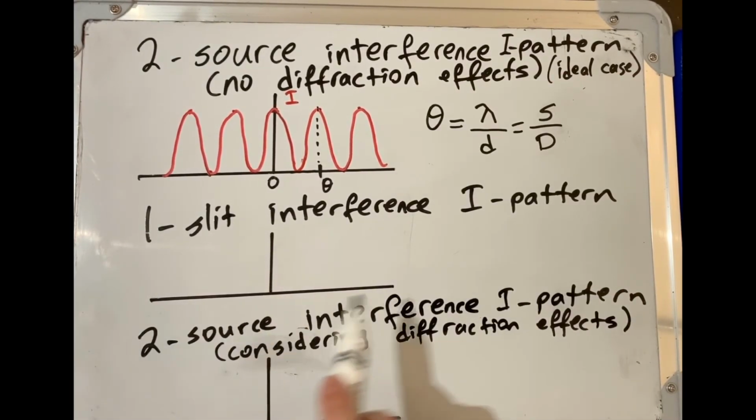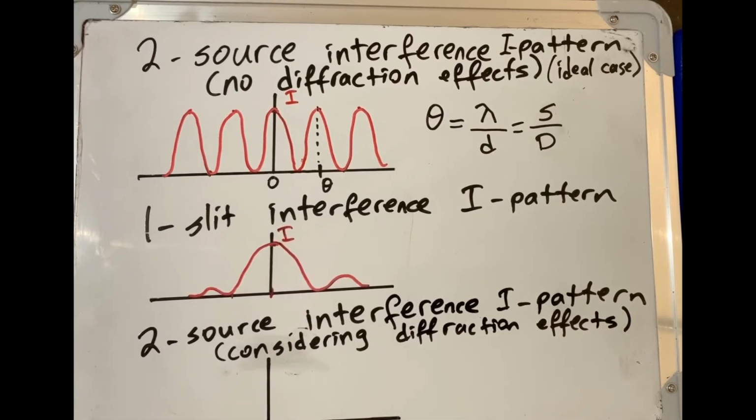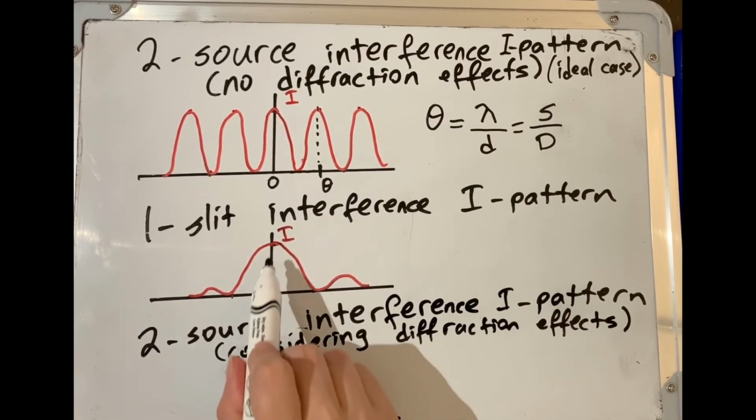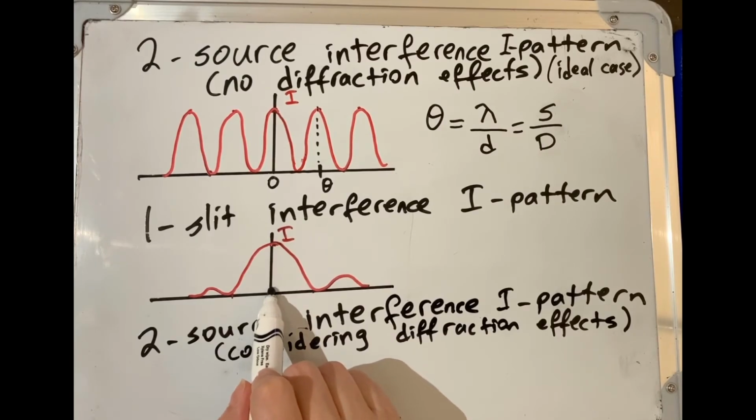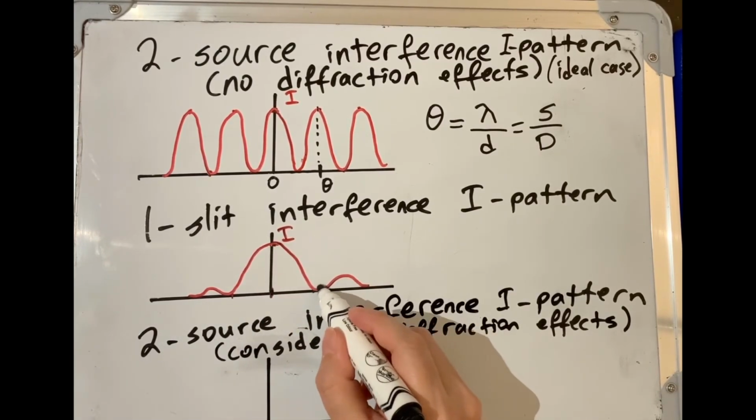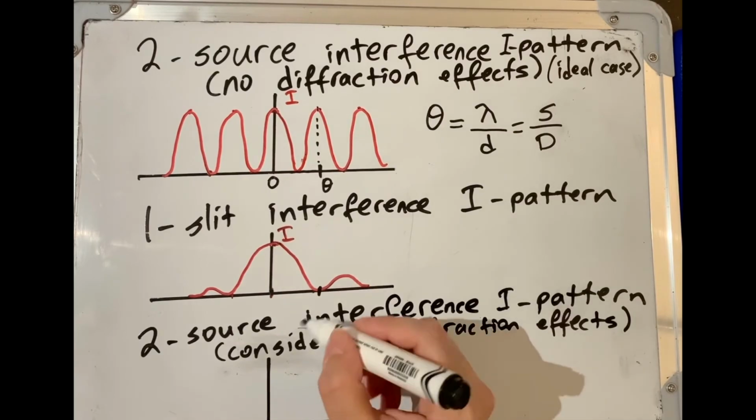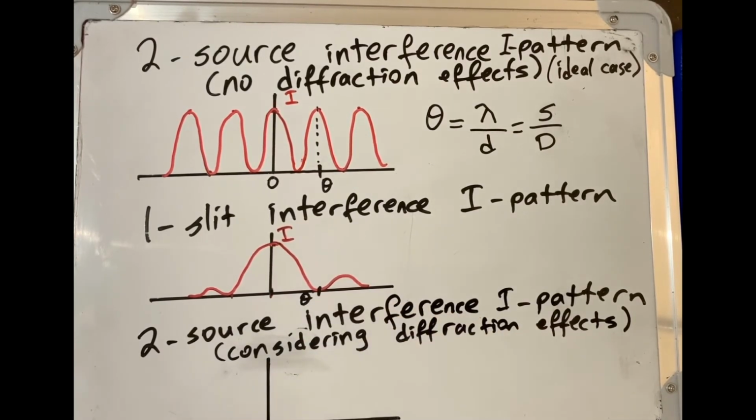In the single slit interference intensity pattern, the intensity diagram would look like that, where there is a very bright central maximum with intensity highest at the very center of the pattern. The first minimum is where we measure the angle, which is given by lambda over b.